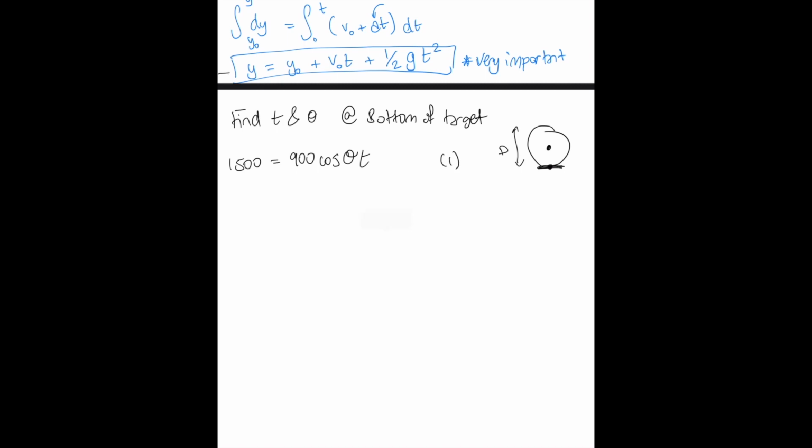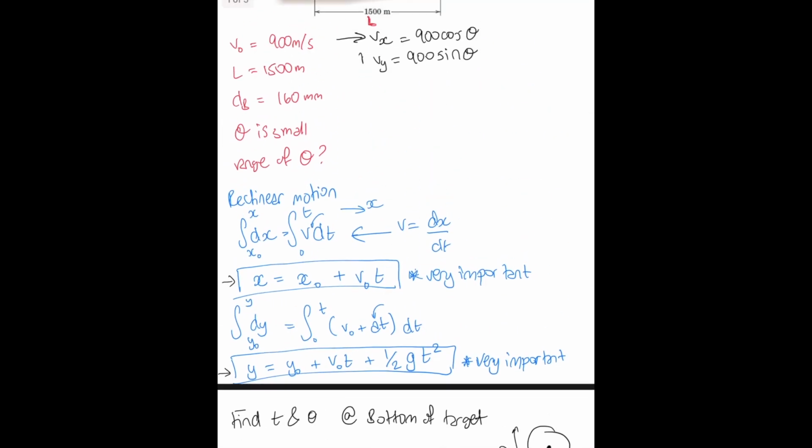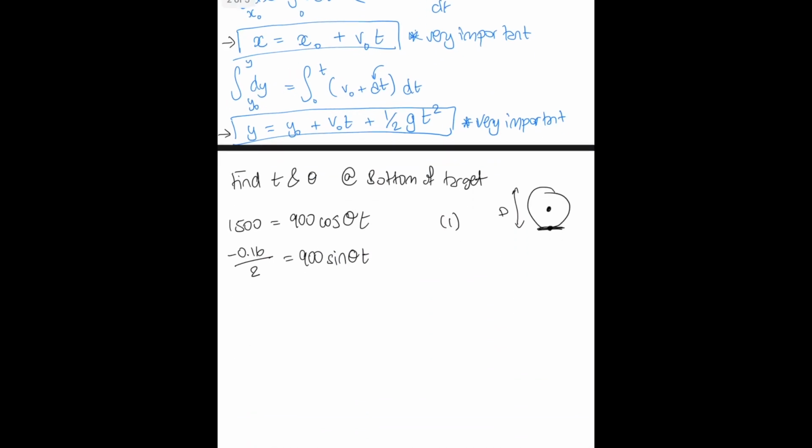Now we're going to be using our y formula. So our y is going to be half the diameter of the target, which is minus 0.16 over 2, equal to v naught, which is 900 sine theta, because we want vy, multiplied by t minus half the gravity, 9.81, multiplied by t squared.